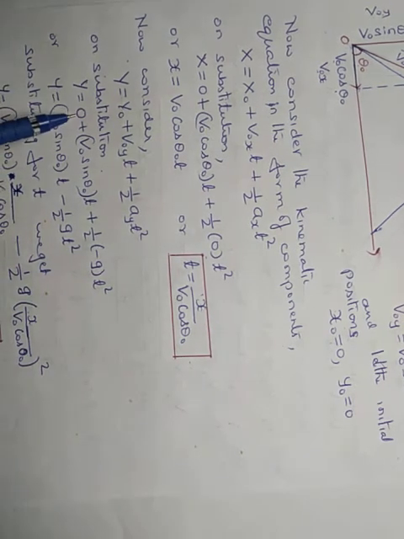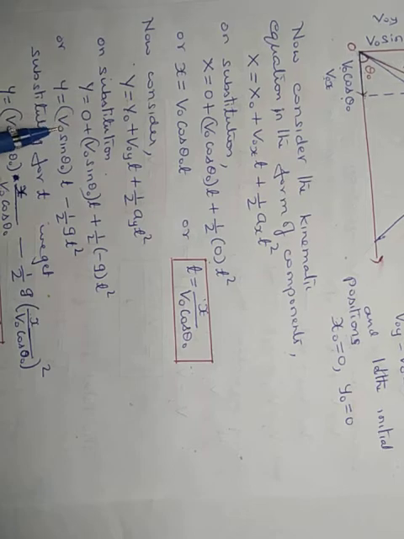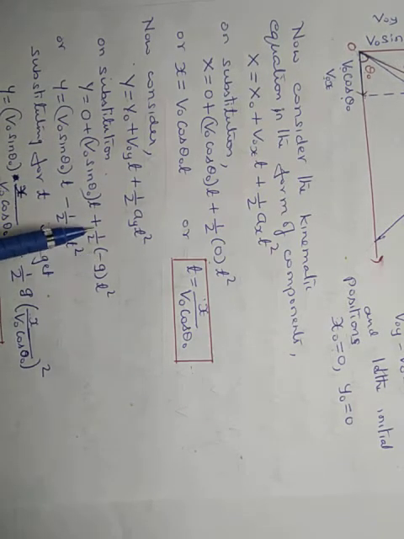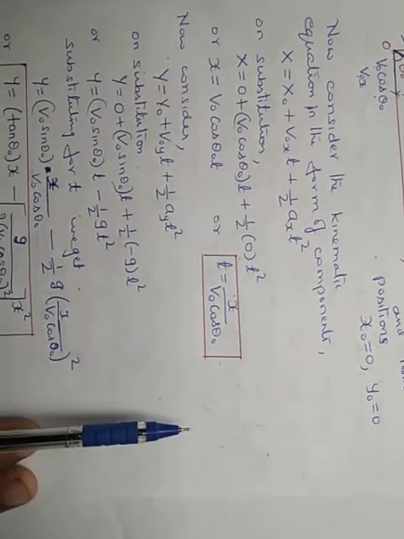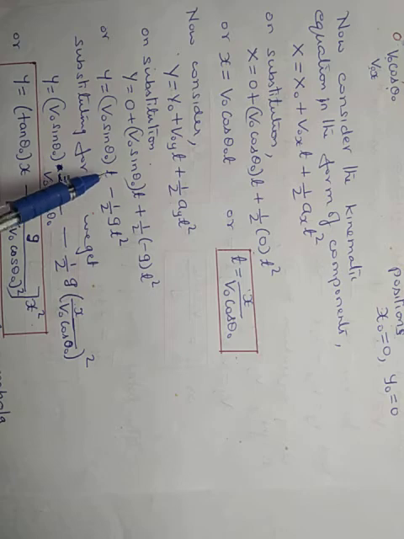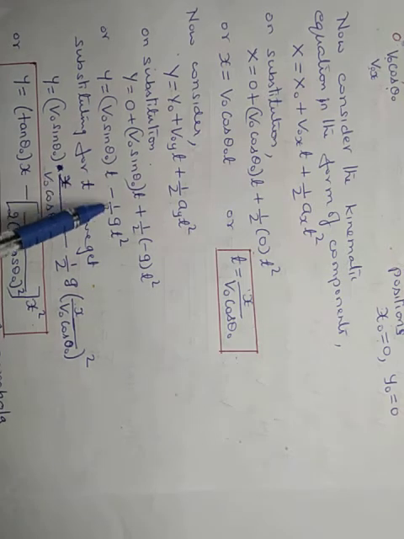So, this first term cancels. So, we will get v naught sin theta naught t minus, so plus into minus is minus half g t square.